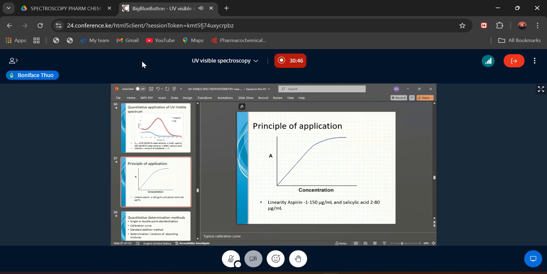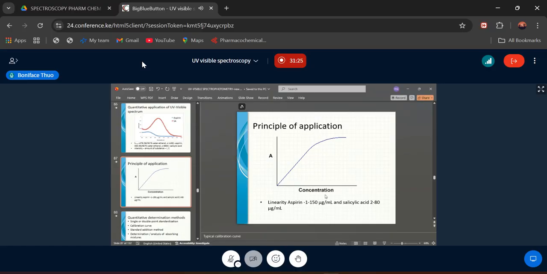So for quantitative application, if we were to plot absorbance against concentration, we'd have a portion which is linear, especially at lower concentrations. And then as concentration increases, the absorbance deviates from linearity. For example, for aspirin, the linear portion is between 1 to 150 microgram per ml, and for salicylic acid 2 to 80 microgram per ml.